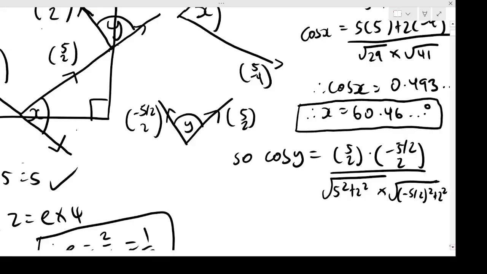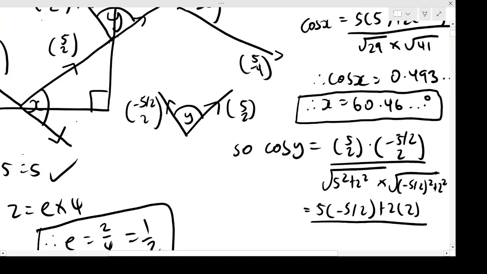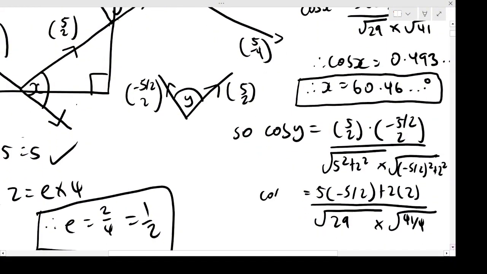At that point, again, it's just a job for the calculator. So that will go to 5 lots of -5/2, add 2 lots of 2, all over root 29 times by the root of 41 over 4. And so that's cos y.